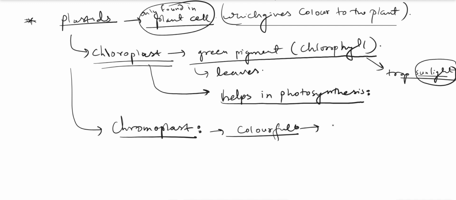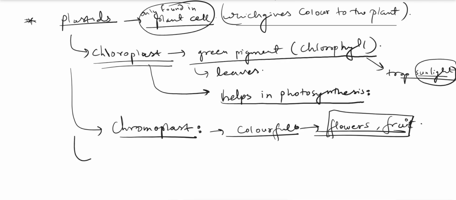Chromoplast is another type of plastid which is colorful, and which makes plants colorful. It is basically present in flowers and fruits, so it makes the flower and fruit colorful. It can be in different colors: yellow, orange, red, etc. And the next one is leucoplast.